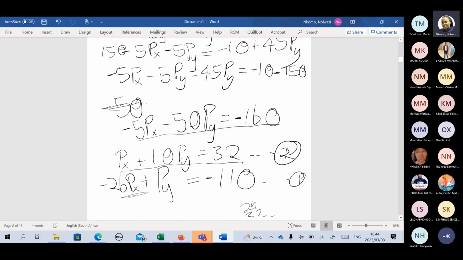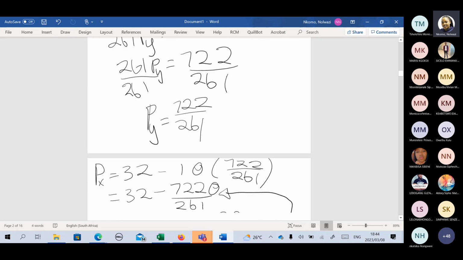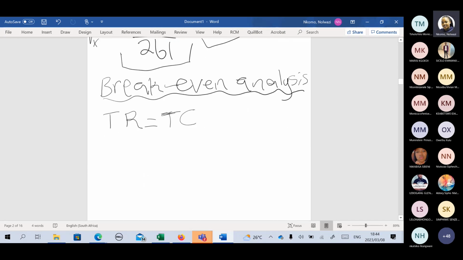Now, at break even, once you are asked to calculate the product or the price at break even, this is where you start.